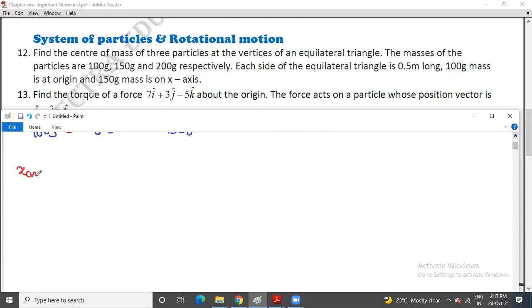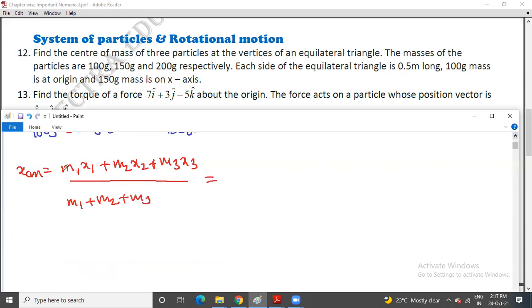XCM is equal to M1x1 plus M2x2 plus M3x3 divided by M1 plus M2 plus M3. What is M1? You don't need to convert the grams into kgs. It is 100 grams, no x coordinate. For 150 grams, there is an x coordinate.